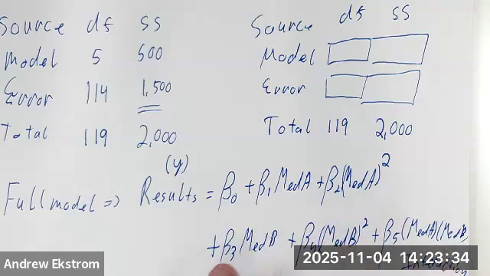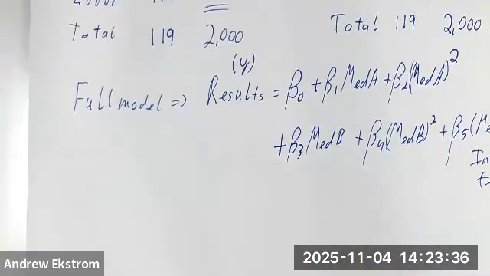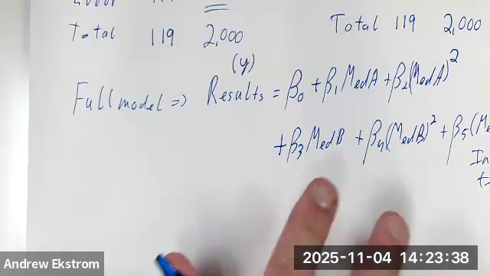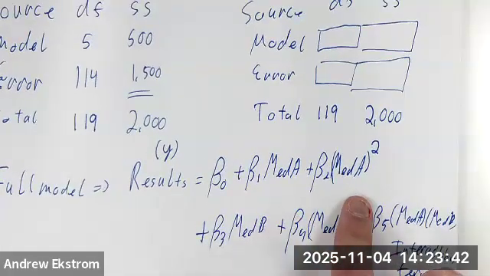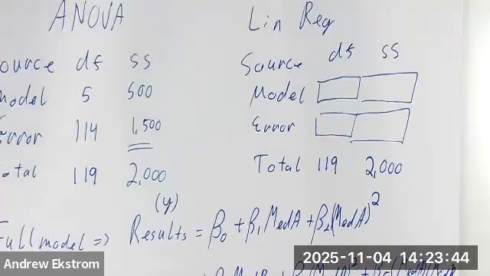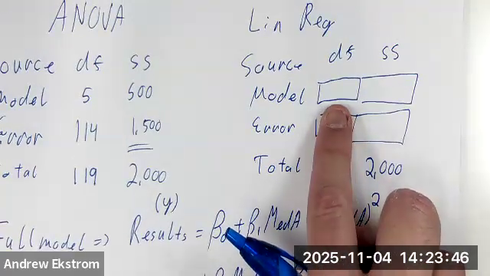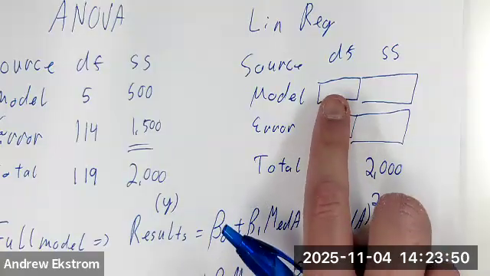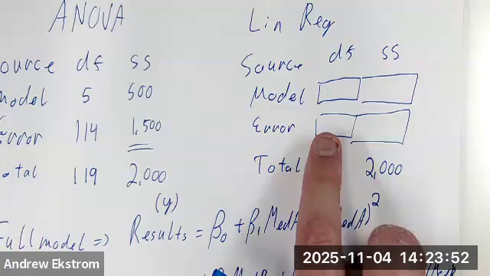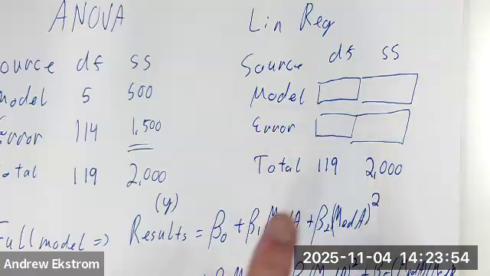With these quadratic effects, if they're part of the model, then we'd have to put them in there. So let's say med A and med A squared were the only things that were significant. Then where it says model, we put in 2. So the degrees of freedom over here are going to change.